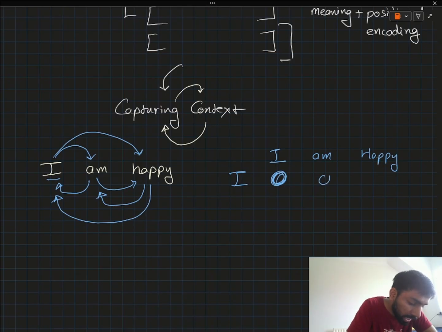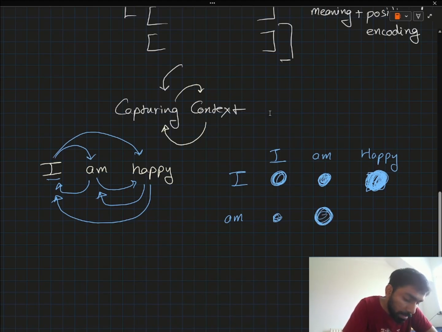The bigger the number, the higher the impact. Same way, how is my am related to I, how is my am related to am, how is my am related to happy?